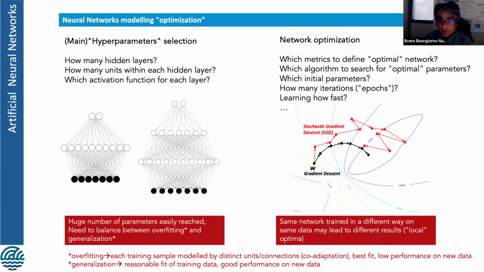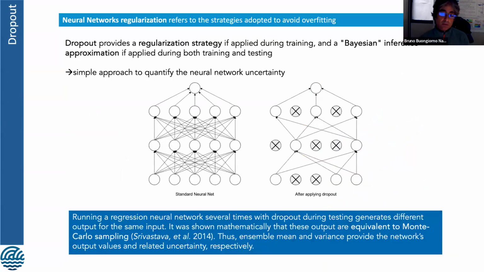And of course, there are issues also related to the number of epochs that one should consider. But I'm not going to show any details on all the tests that were made, but I want to make a point related to a very interesting strategy to reduce the risk of overfitting, which is called dropout.